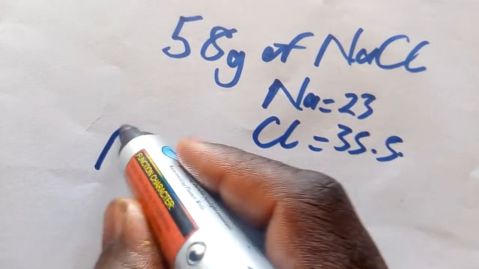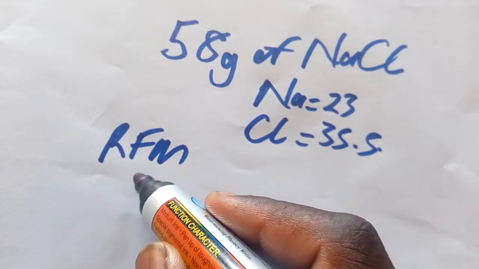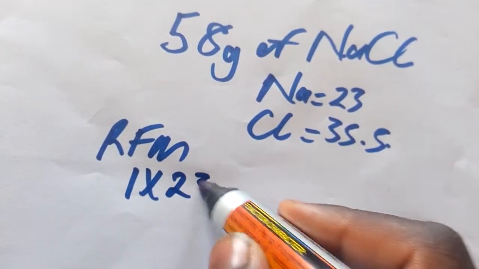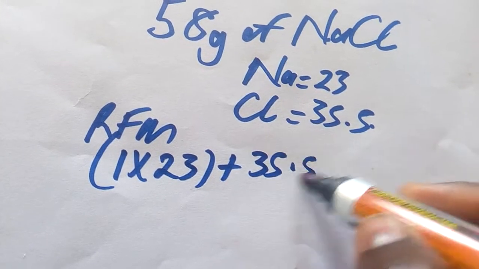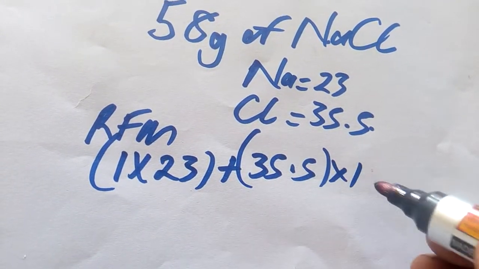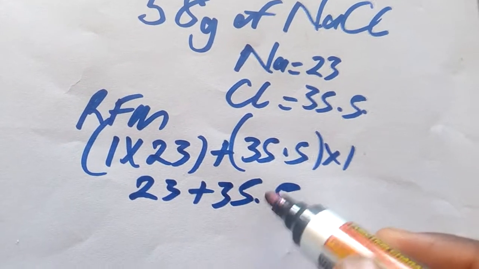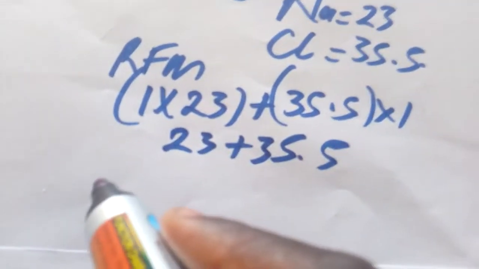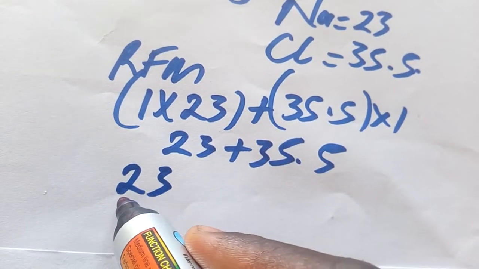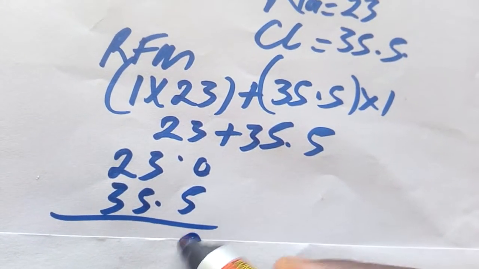Meaning if I'm getting the RFM, the relative formula mass of sodium chloride, it has 1 sodium, so 1 times 23 plus 35.5 times 1. I'm getting 23 plus 35.5, which gives us 58.5.